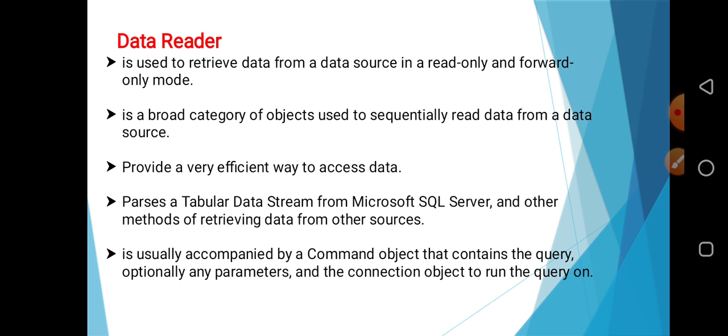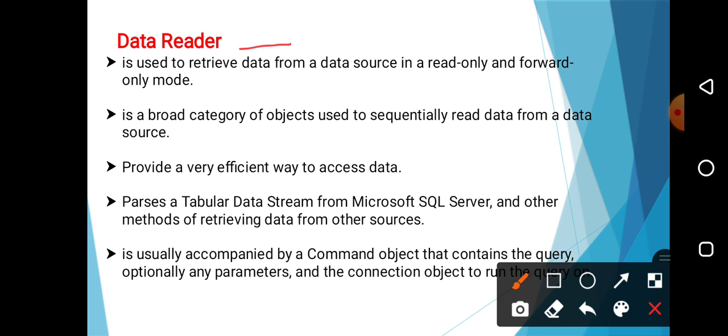Now the next one is the data reader. Students, you can easily understand the role of the data reader is to read the data from the data source. So the data reader is used to retrieve the data from the data source. It is used in a read only, forward only mode because it is only a reader over here.